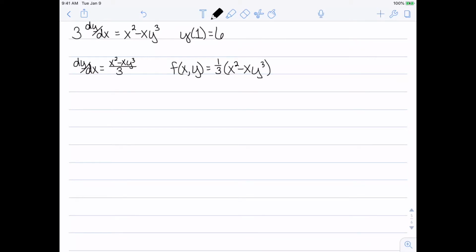I can see that f is 1/3 times x squared minus xy cubed, which is just a polynomial, so this will absolutely be continuous. When I take the partial derivative, I actually get negative xy squared, which once again is continuous. So both of these are continuous over the entire plane, so definitely in a rectangle around the point (1, 6). So therefore, we do know that there is a solution for this and that it will be unique.